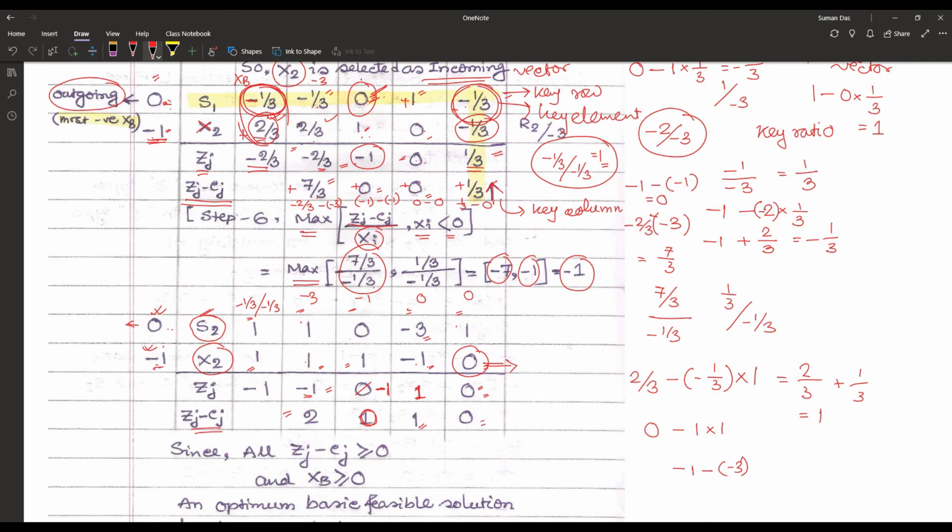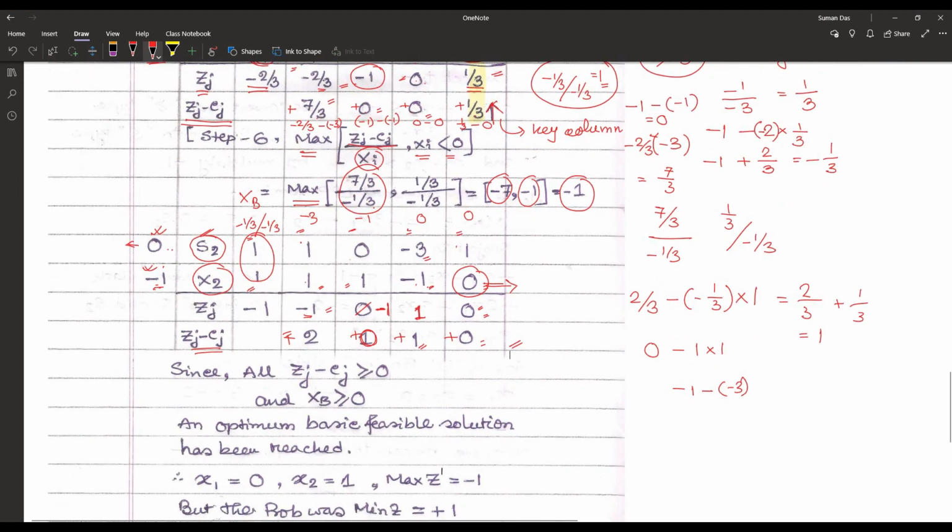So now all the Zj minus Cj are positive. Now look at the xb. All the xb are also positive. So that is our final table. So what should be the result? Since all Zj minus Cj are greater than or equal to 0 and xb are also greater than or equal to 0, an optimum basic feasible solution has been obtained.